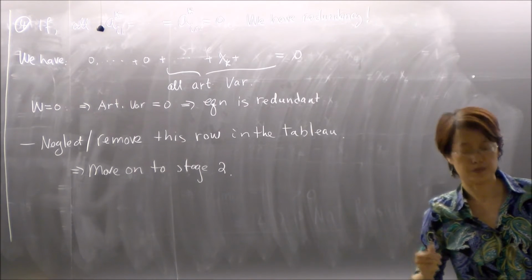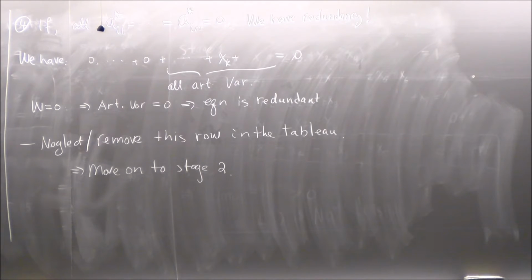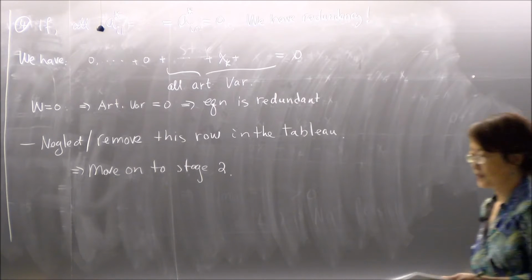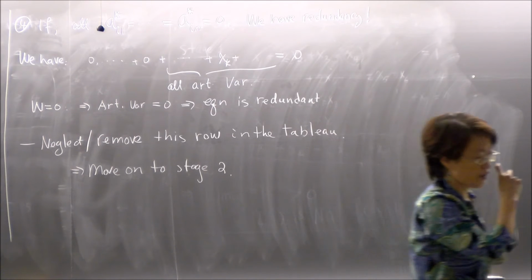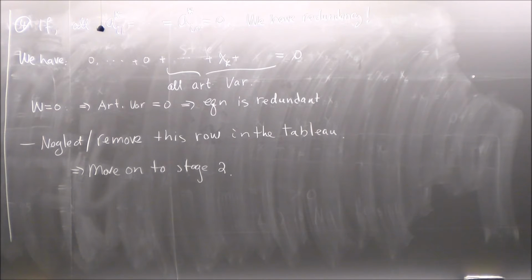Is that okay? Right. Now, I want to catch your attention on one thing, just to show that this procedure is different from the regular pivoting procedure that we do in the simplex algorithm. So in the simplex algorithm, how did we choose which column to pivot?